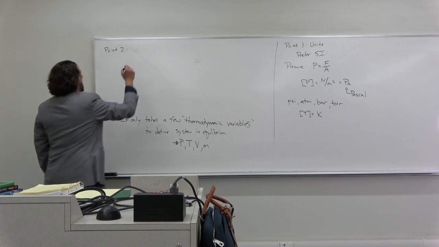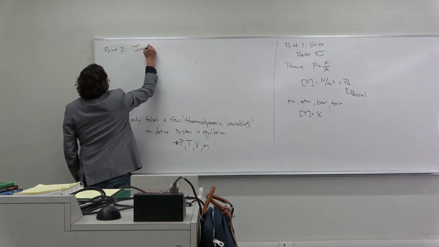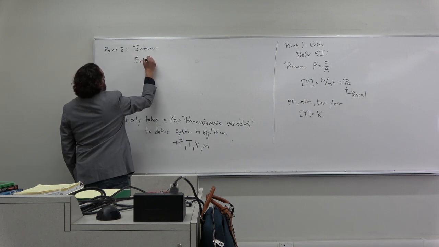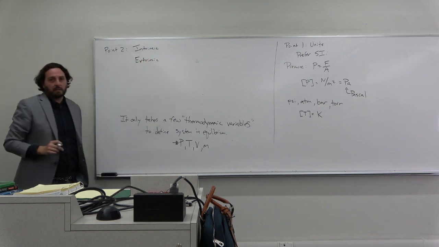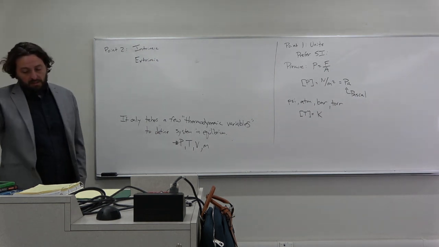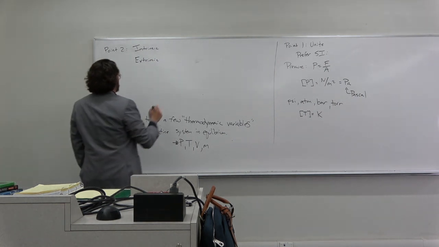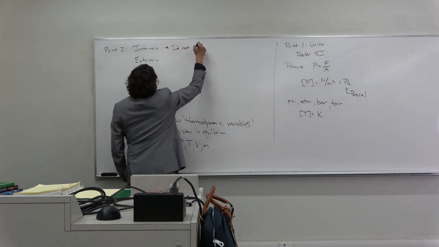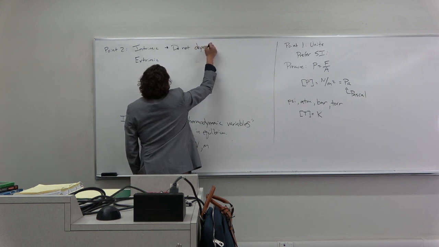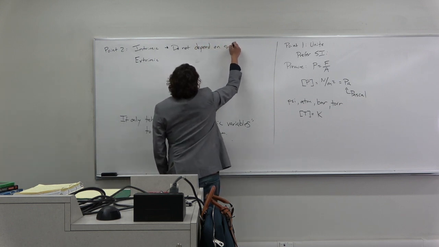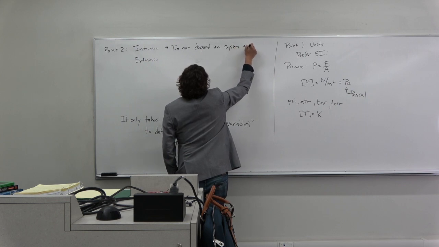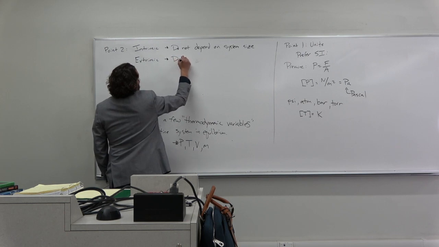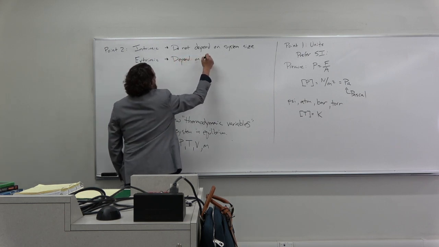There's so-called intrinsic variables and extrinsic. Okay, so this is an important concept and you're going to have to remember this. So intrinsic variables do not depend on system size. And extrinsic variables depend on system size.